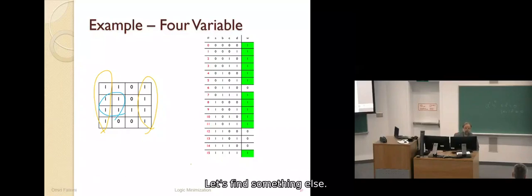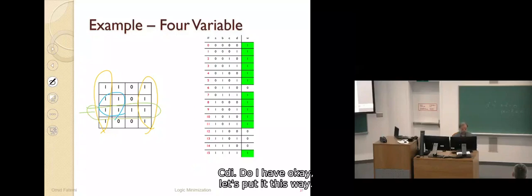Let's find something else. What do I select more? Yes. So like the third row. CD. Let's put it this way so I could find out easily. CD. What else?